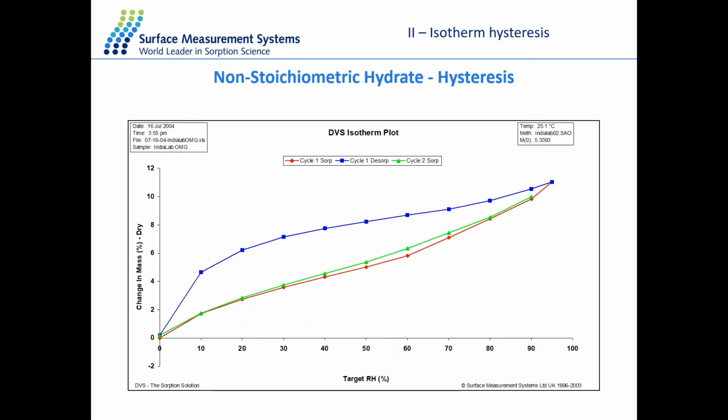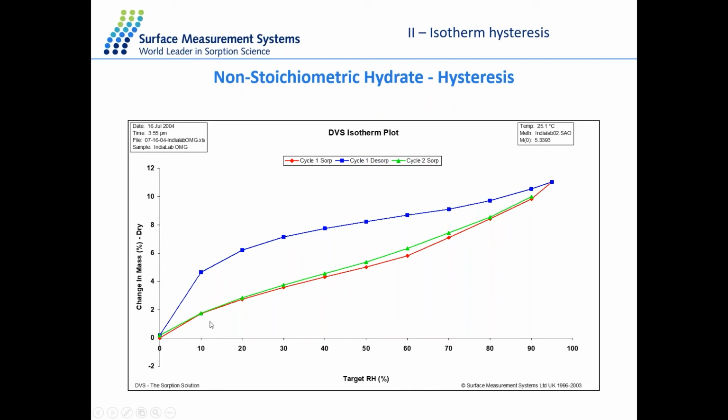So another example of hydrate formation is this example. In this case, we have a material that has a non-stoichiometric reversible hydrate. And what I mean by that is that, as you can see here, I don't have any specific critical value of relative humidity that allows me to identify a step change between the anhydrous form and the hydrate.